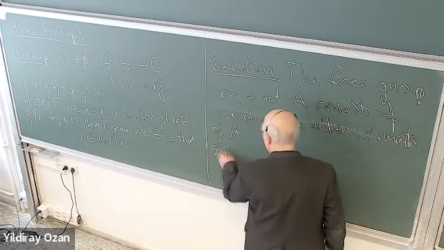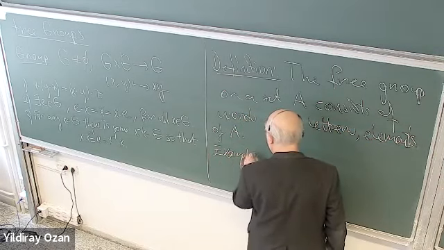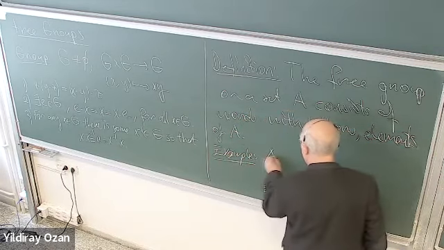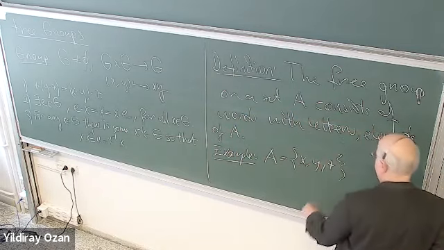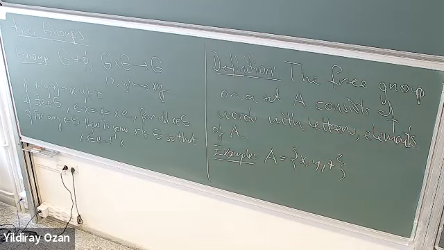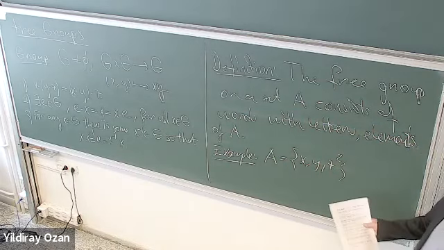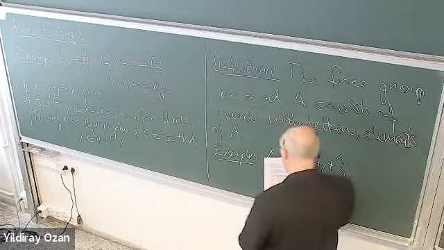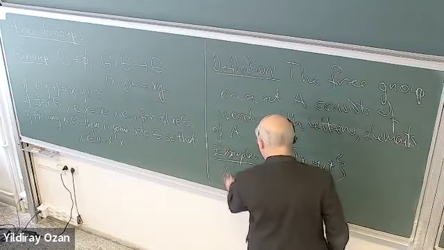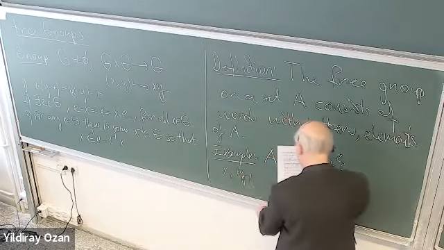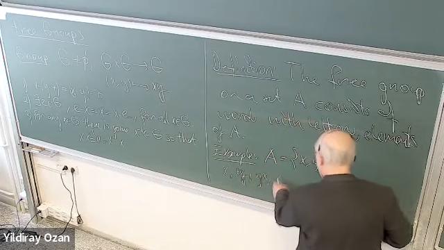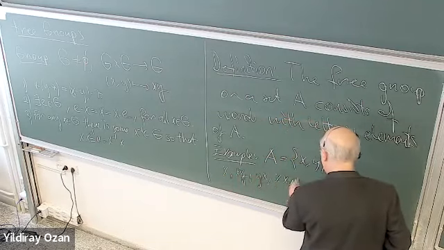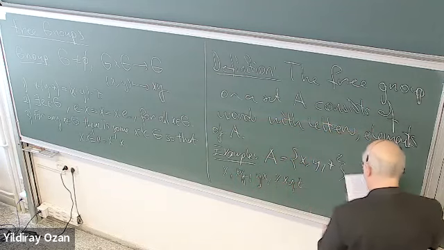An example. So let's say A is the set {x, y, z}. So this is our alphabet. You write words using these letters. For example, x is a word, x times y is a word, y times x is another word, x times y times z is another word.